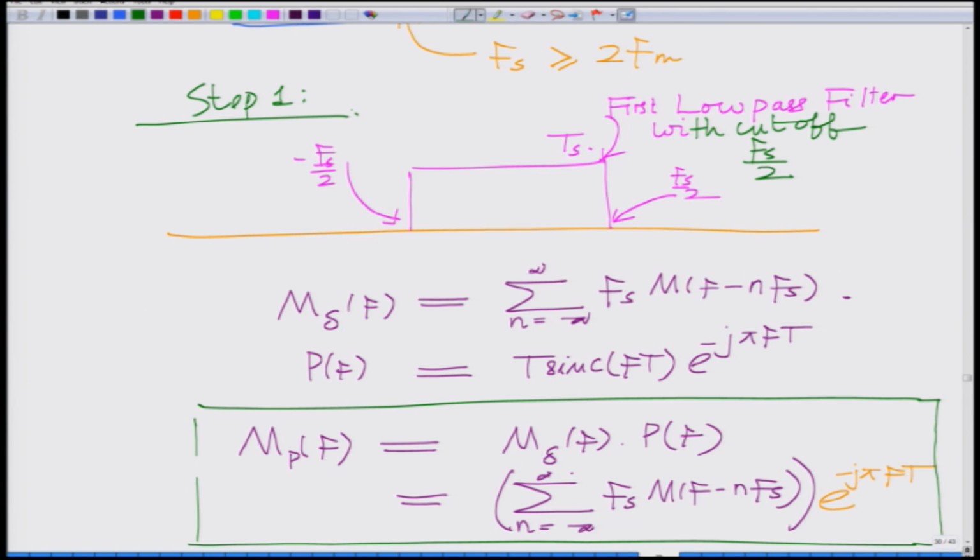Now, in step 2 you also have to invert the distortion of this amplitude spectrum of the copy around 0 frequency, which is caused by windowing with the sync function.